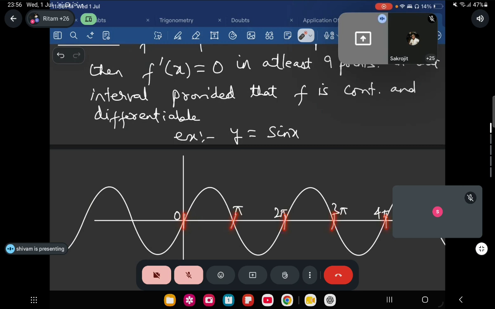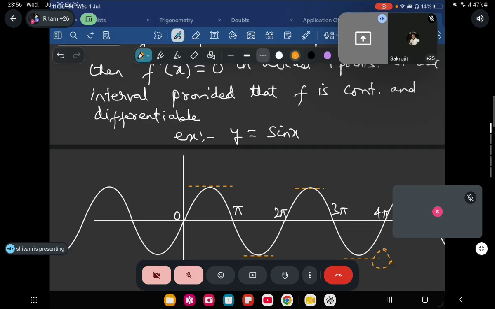It is equal to 0 at 5 points in this interval. So in this interval, f dash x is equal to 0 at how many points? 1, 2, 3, and 4. Are you people getting? Yes or no? Anyone having any doubt, you can ask me now.